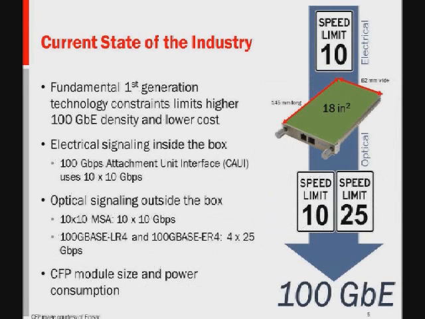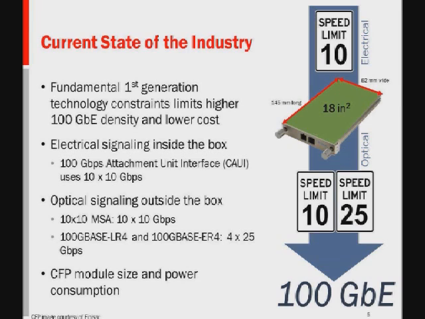This is really the fundamental limitation: we're trying to do 100 gig with 10 and 25 gig technology. That's just the technology that we have available today, and that's also mass produced and available at costs that we can afford to build interfaces. The electrical signaling inside the router or on a line card is really challenging because the best we can do right now is to use a bunch of lanes of 10 gig to go into that optic.